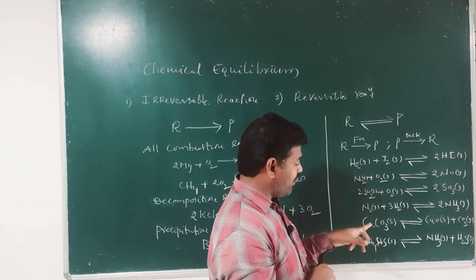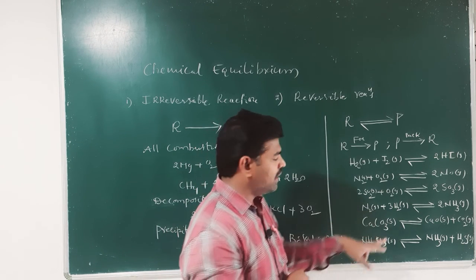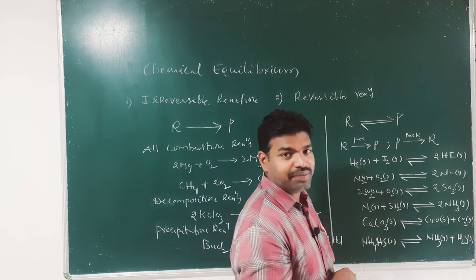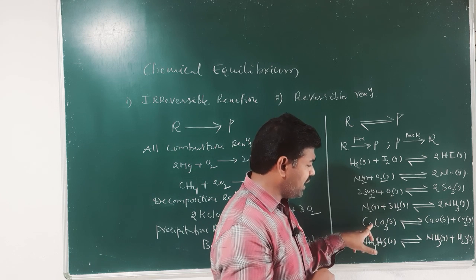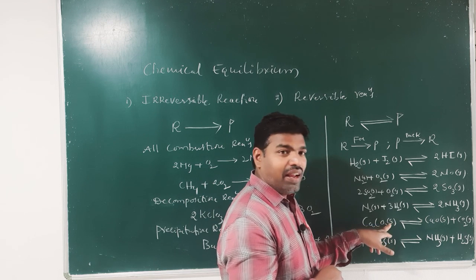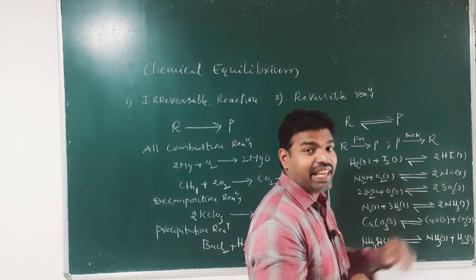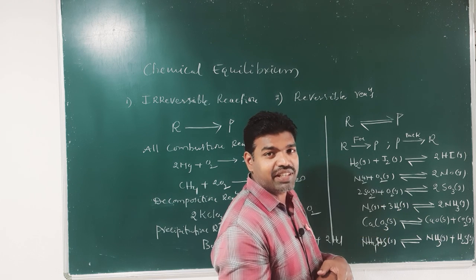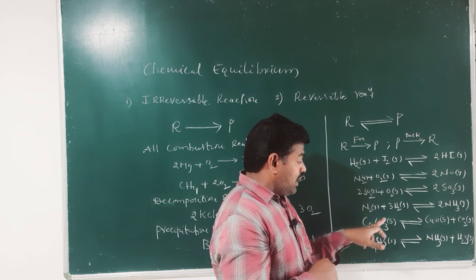And when we go with this example, calcium carbonate solid gives rise to CaO solid plus CO2 gas. If you observe this reaction, calcium carbonate undergoes a reversible reaction, and calcium carbonate is a solid and it forms calcium oxide, a solid, and CO2, a gas. In this reaction also chemical equilibrium is established.